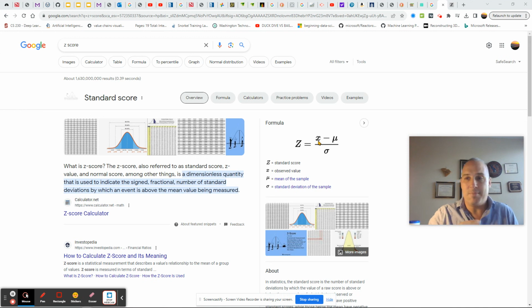And so again, you take 50% minus the mean that you measured in your polling, which is that 67%, whatever proportion of people you found favorable for candidate A. So that's going to be your distance between the value that you're curious about, which in this case is 50%, and the mean that you observed.